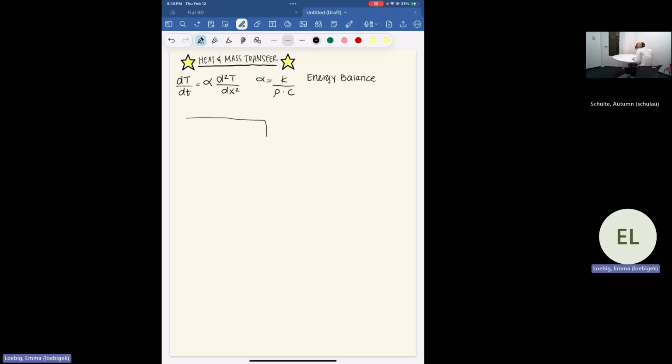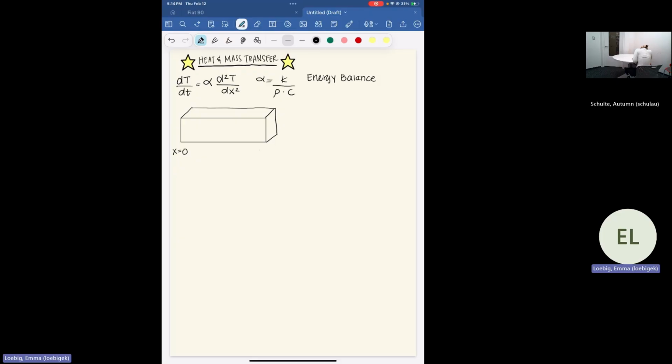Let's say that we have this rectangular prism. Over here on the left, we're going to say that this position is at x is equal to 0.